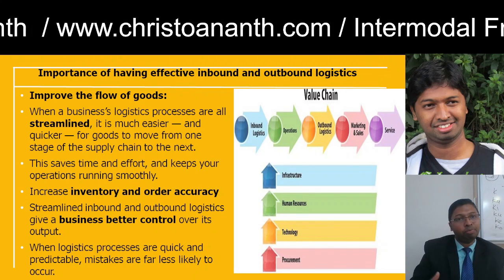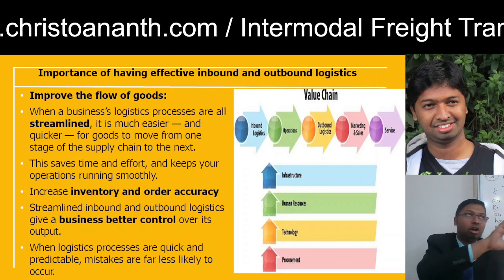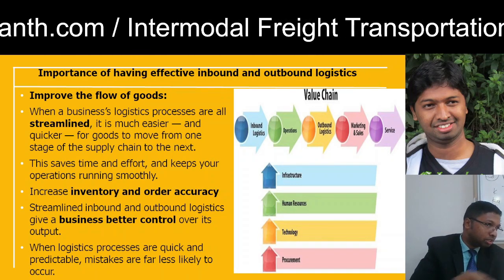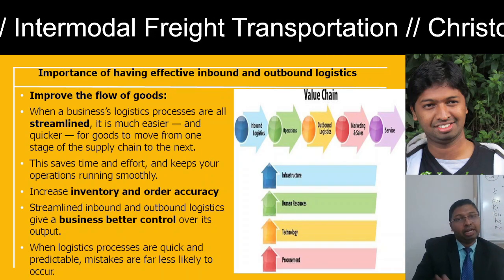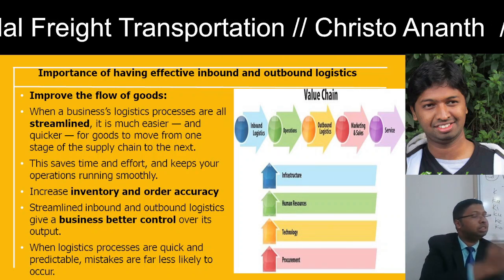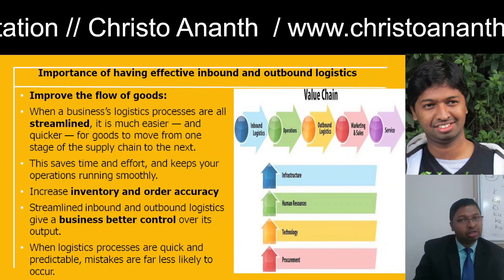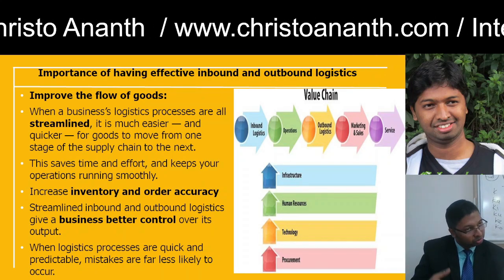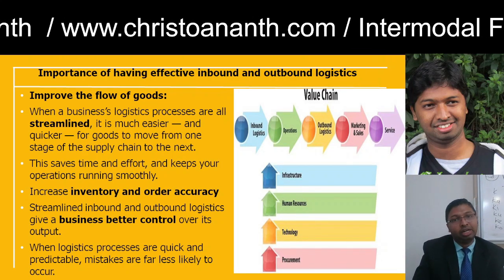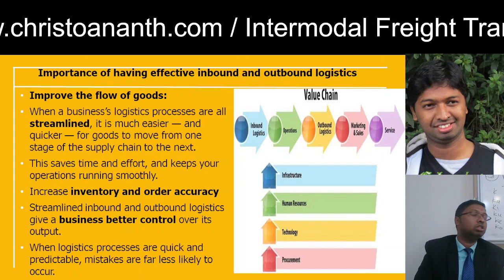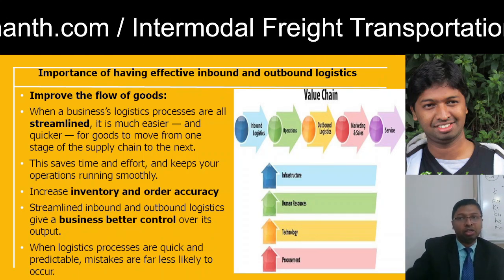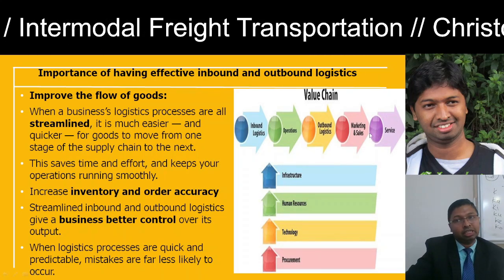Here you are going to improve the flow of goods, which means all the processes and businesses should be streamlined and goods should move from one stage to the next throughout the supply chain. Whatever we carry forward should save our time and effort, and the operations should run smoothly.